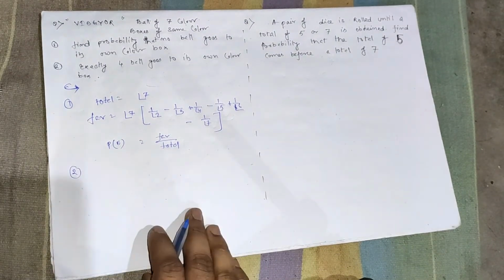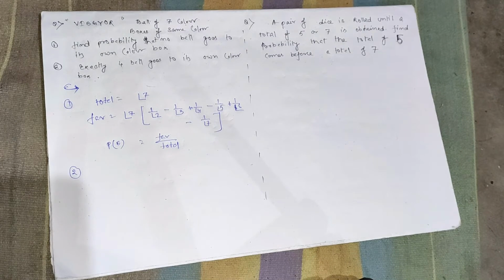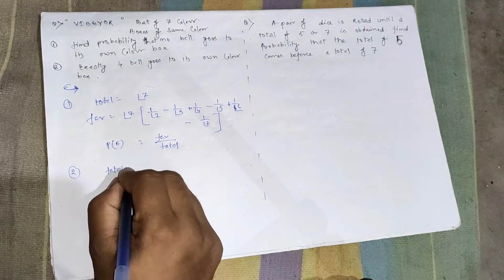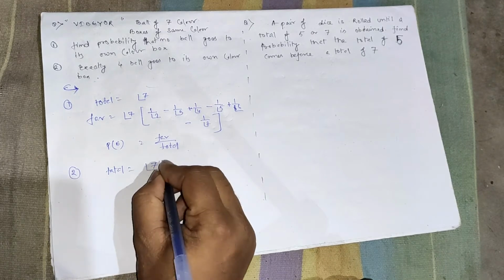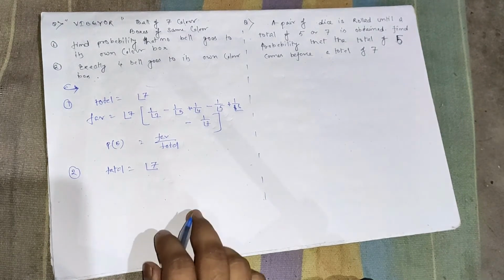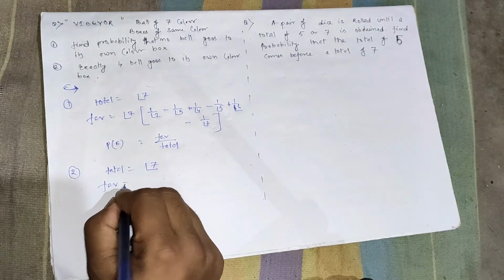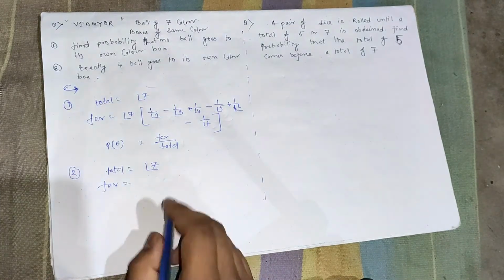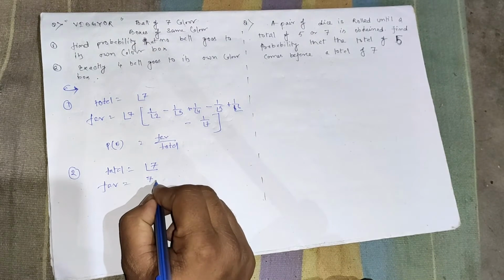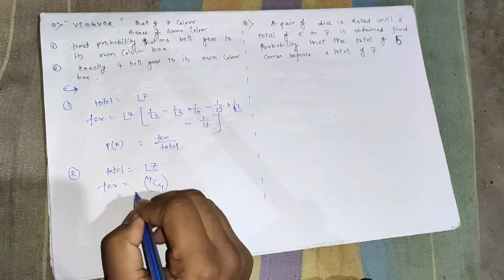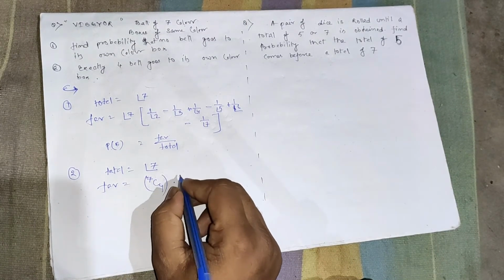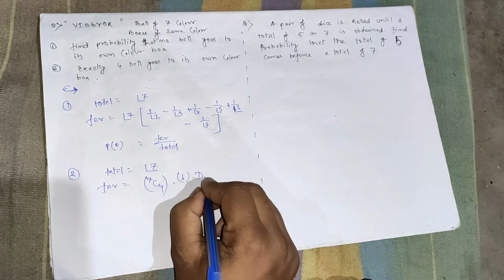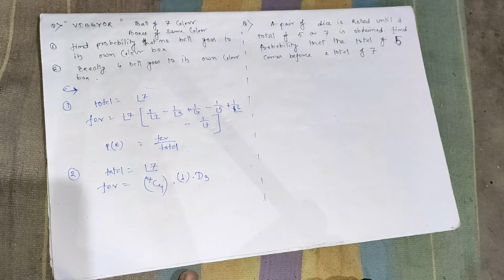And for the second question, exactly 4 balls go to their own color. Here also the total number of chances equals factorial 7, and the favorable condition is that 4 balls go to their own color box. So it is 7c4, and the chances for this is 1, and for the rest of 3 you apply derangement.